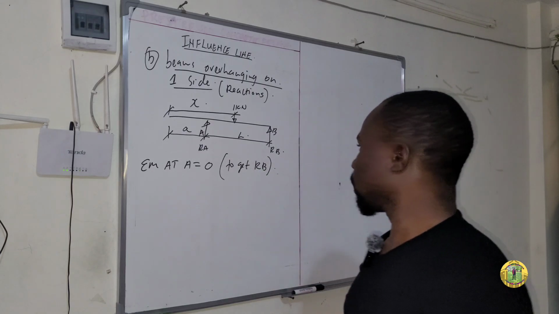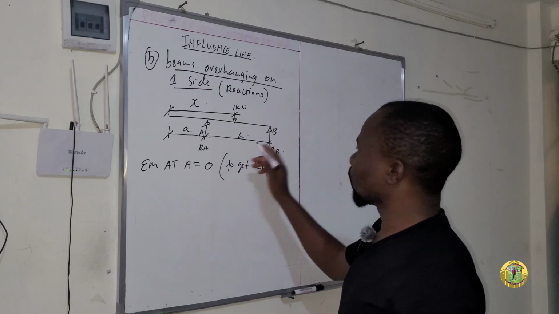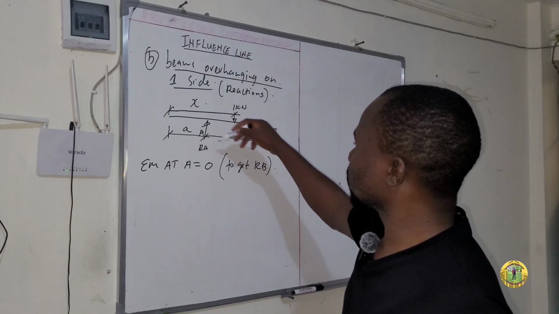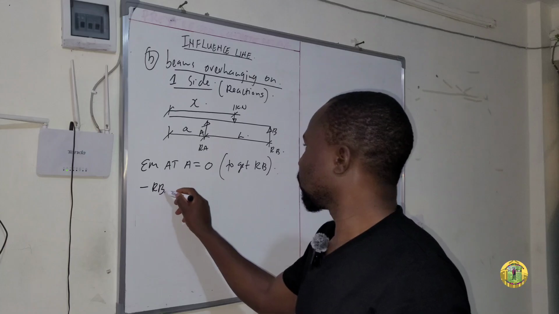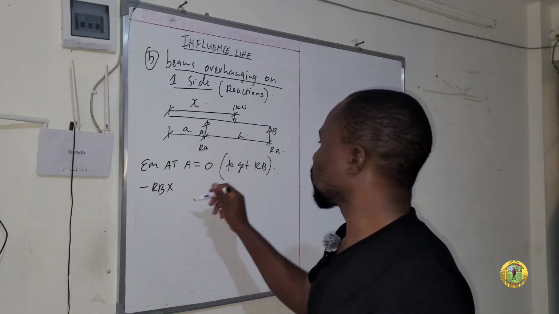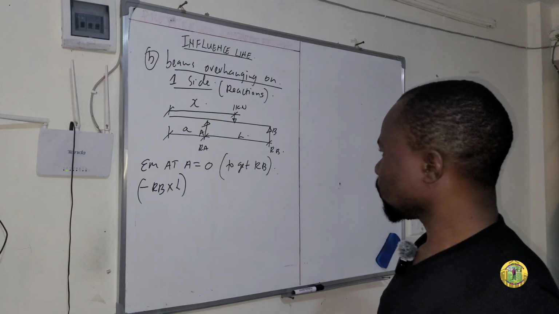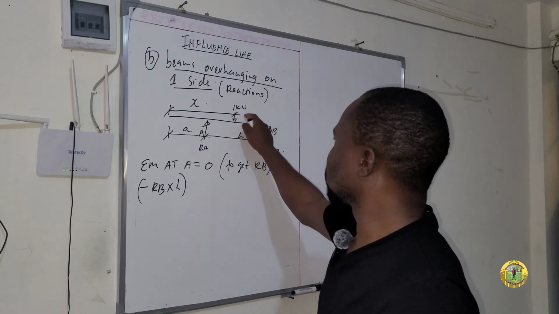This one will help us to get reaction B. Now, in which direction is reaction B moving in reference to point A? It is moving in anti-clockwise direction. So it is minus RB times distance, which is L. And then we will come to 1 unit load here.